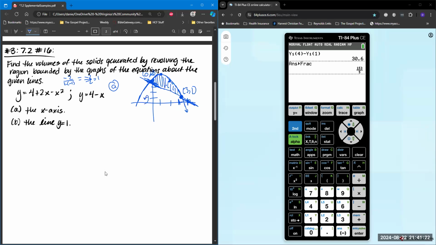So making rectangles that are perpendicular to our axis of rotation, we're going to have 0 to 3 of our function, the parabola, minus the lower function, the line, like that.